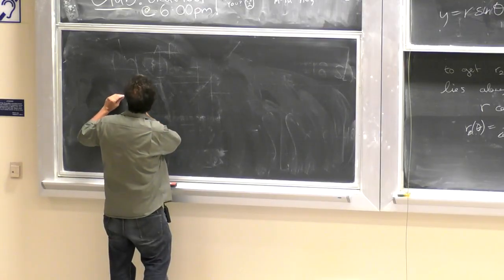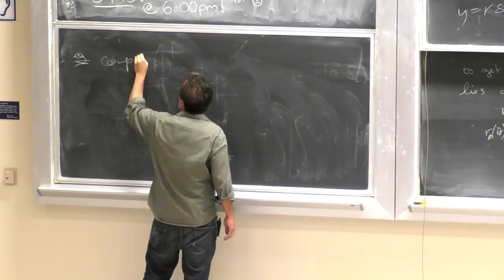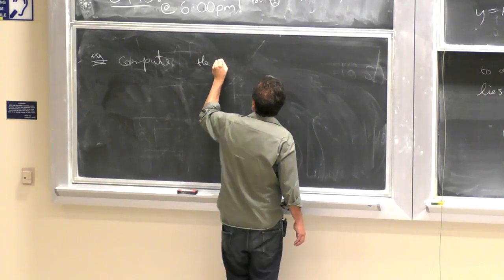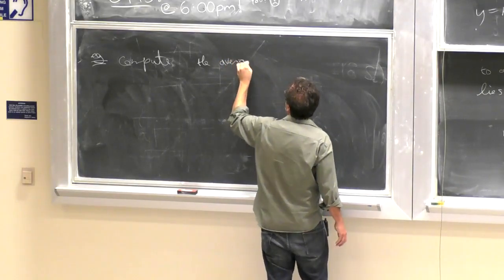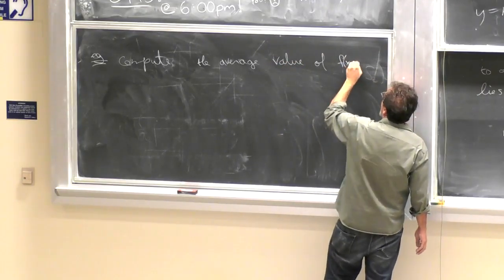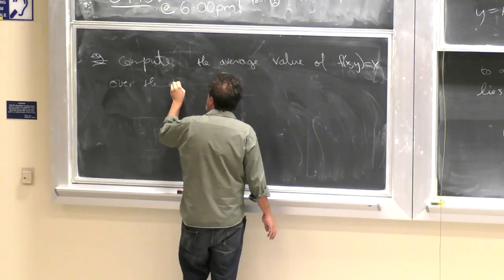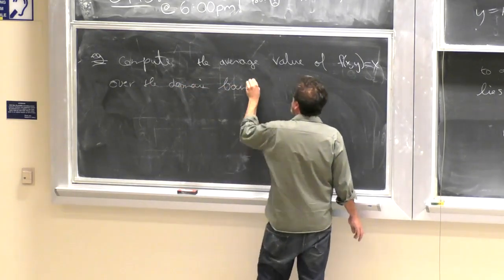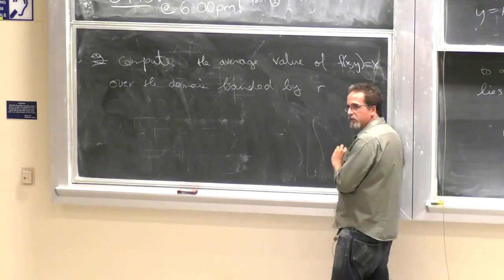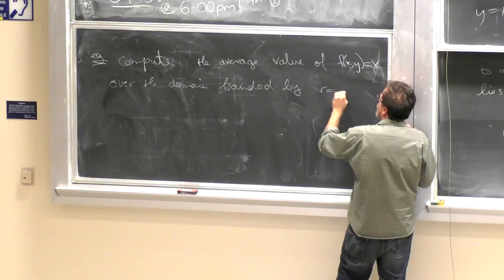Okay, I'm just coming up with an example right now. For example, compute the average value of f of x and y equals x over the domain bounded by R equals the cosine of theta.